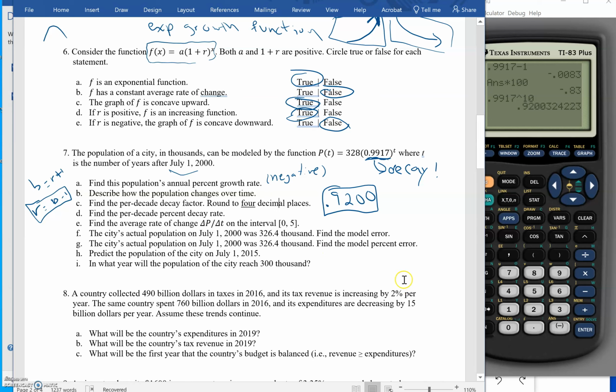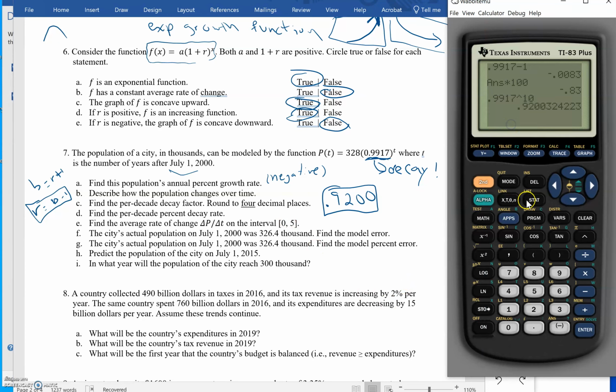Now for the per decade percent decay rate, if I subtract 1 from the factor, what I have now is the per decade growth rate. Now I want the per decade decay rate, so in this case I do actually change the sign because it's explicitly asking for the decay rate, which is positive. So it has a positive decay rate because it is actually decaying.